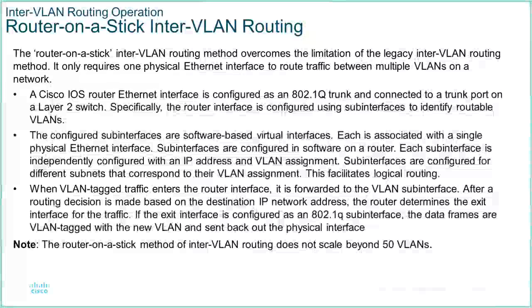So each virtual interface on the router corresponds to another network or VLAN, and we then send traffic that is destined between one VLAN and another up the trunk to the router. The router takes it off one virtual interface, puts it on another virtual interface, and sends it back. And on the router, when we're using virtual interfaces, we call them sub-interfaces.